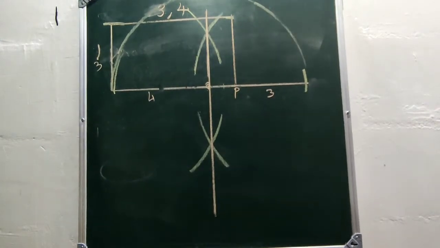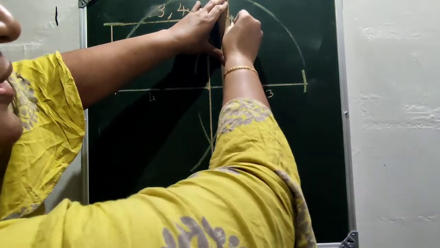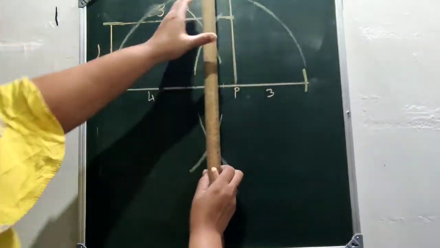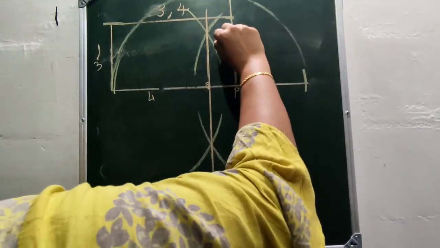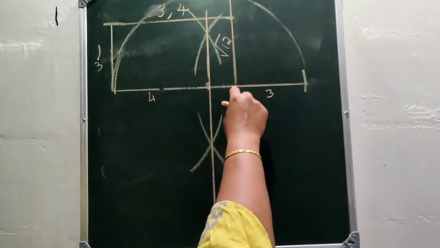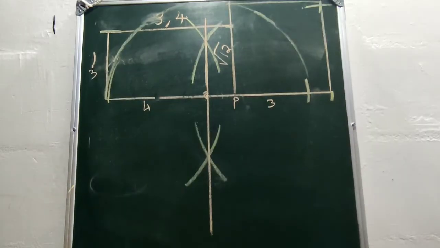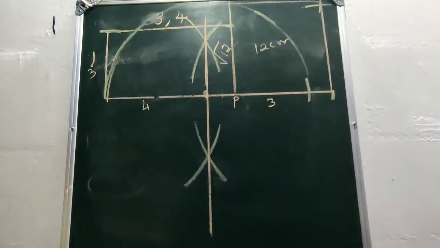Now extend the line from P in order to touch the semicircle. That length is the length of one side of our square. And what is its length? That is equal to root 12. So this is our square with the area 12 square centimeter.